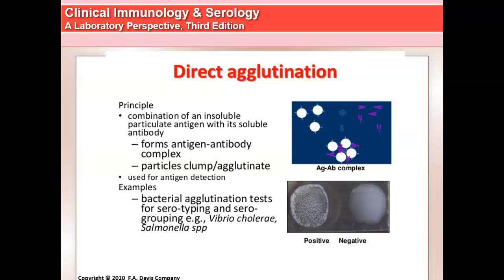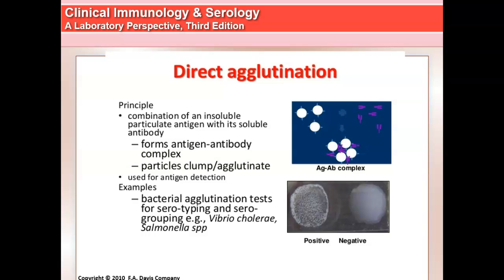So for an example of a direct agglutination test, and you can do so many different kinds of bacterial typing. I mean, if you can think of an antibody for it, or you can find an antigen for it, you can use the opposite to test for it in a patient's serum.